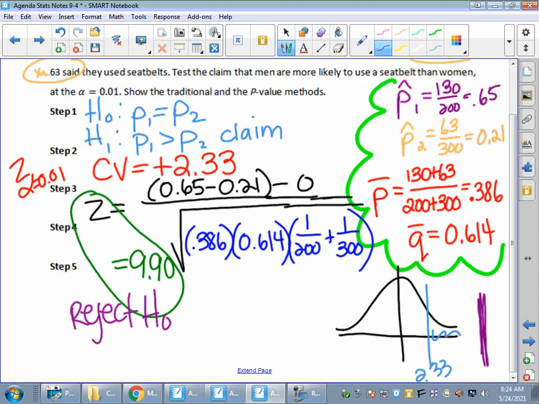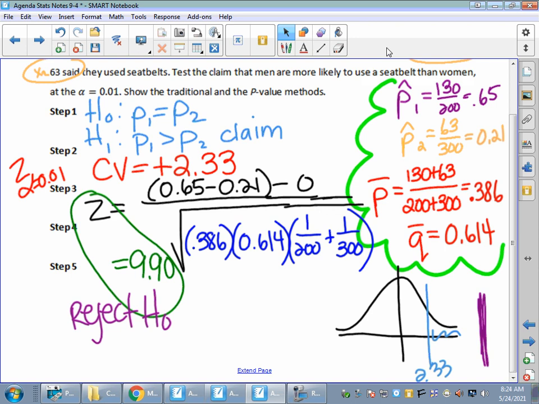So if I reject H sub 0, that means I don't think that the proportions are equal. That means there is enough evidence to support the claim that men are more likely to use a seatbelt than women. And there we've got ourselves a hypothesis test.